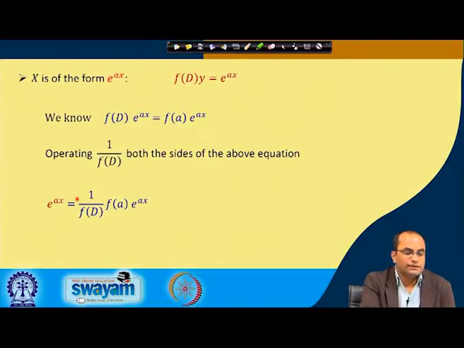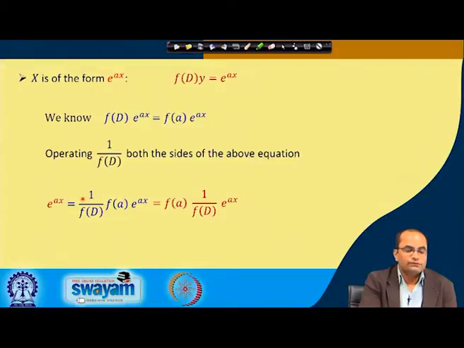So, we have e power ax is equal to 1 over f(D) applied on f(a) e power ax, and this f(a) has nothing to do with the inverse operator, because it is just a constant. So, we can take this constant out, and f(a) times 1 over D operated on e power ax.